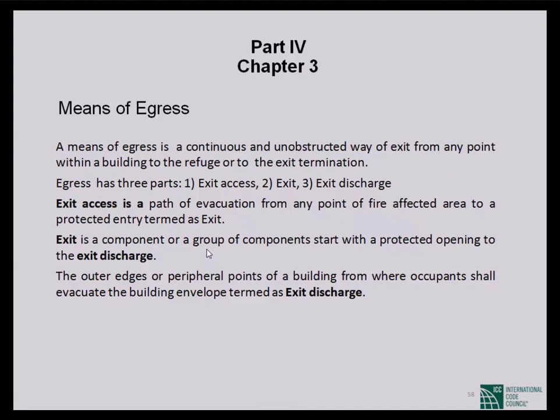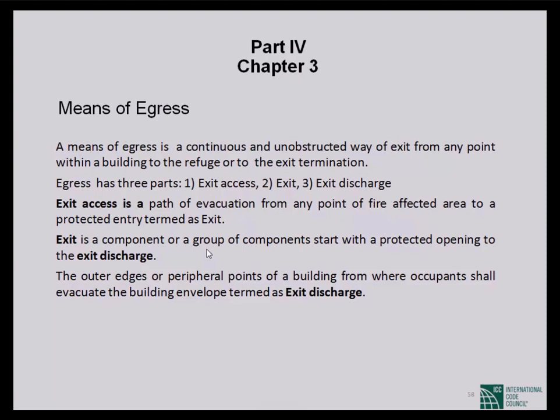So first, the exit access is a path of evacuation from any point of the fire affected area to a protected entry, the entry to an exit. From any point to the entry of the exit. If the entry is reached, that means his exit access is finished. That means a door, that is the termination of the movement of a person to a safe door.